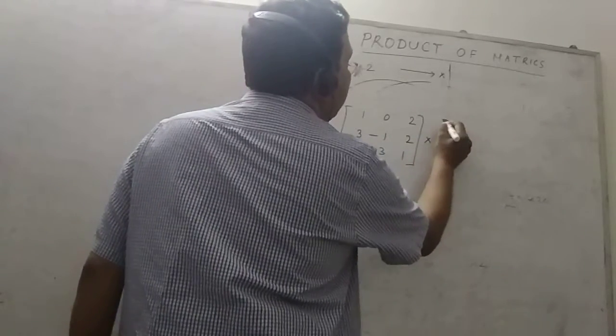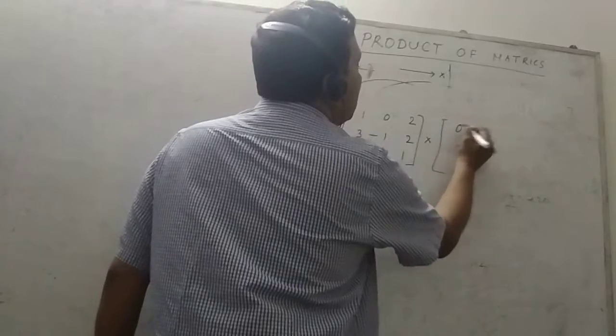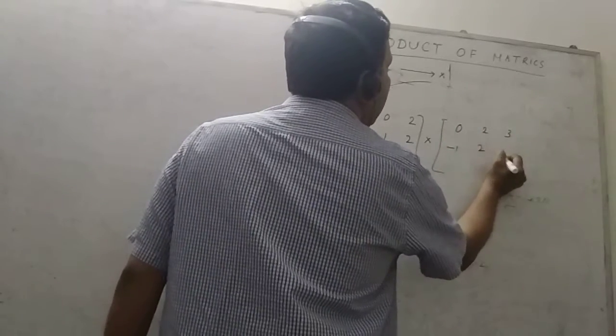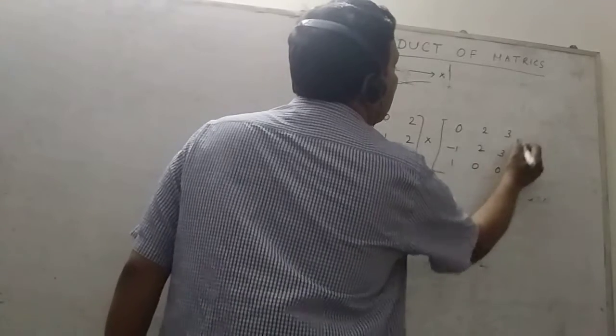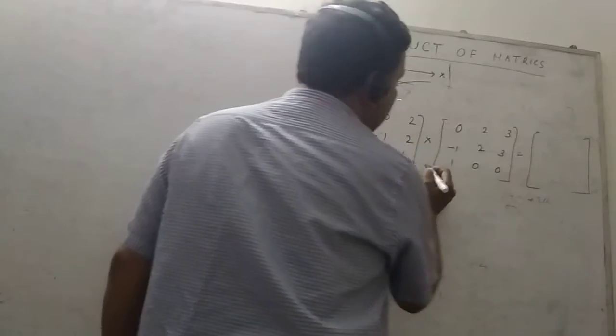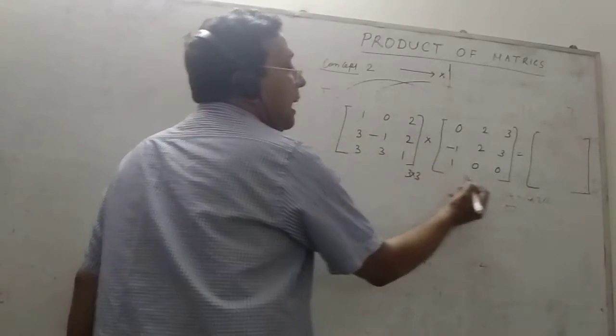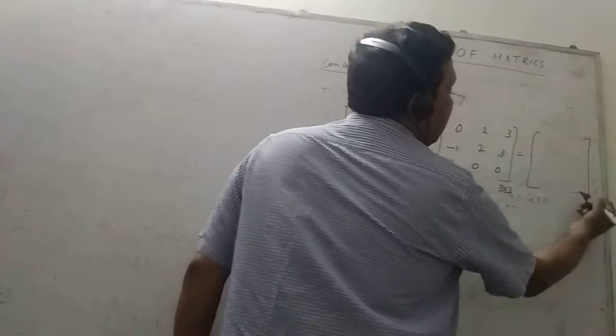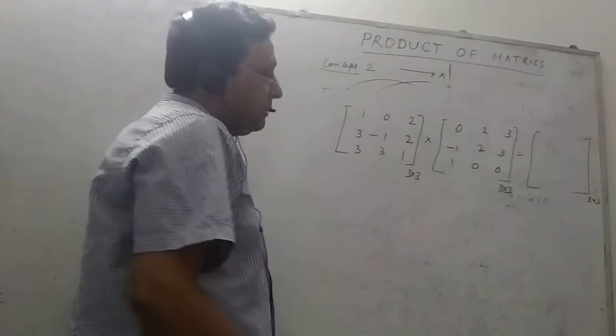If I want to multiply this with 0, 2, 3, minus 1, 2, 3, 1, 0, 0, since it is a 3 by 3 matrix and this is also a 3 by 3 matrix, definitely this product result will also be a 3 by 3 matrix.